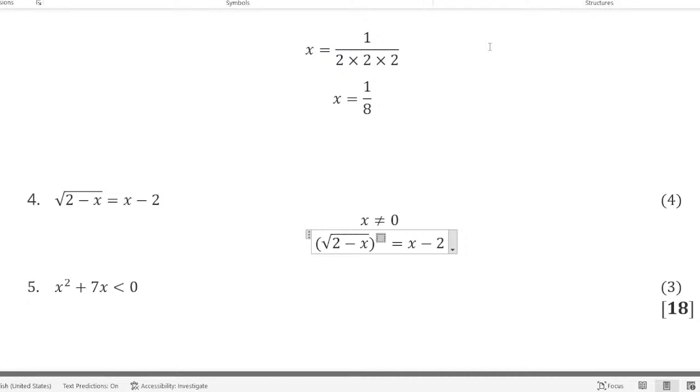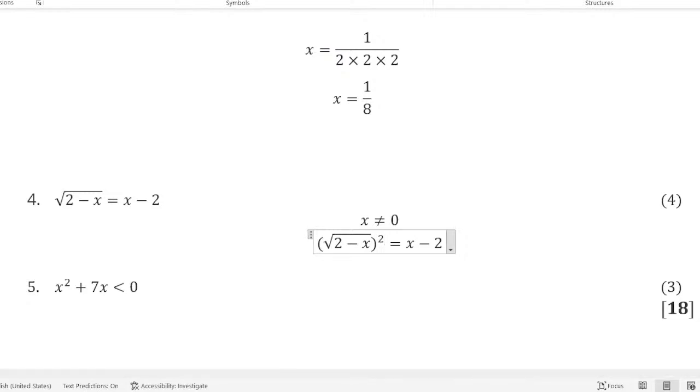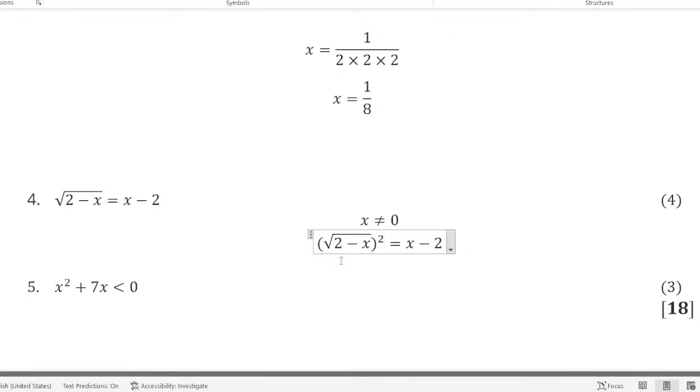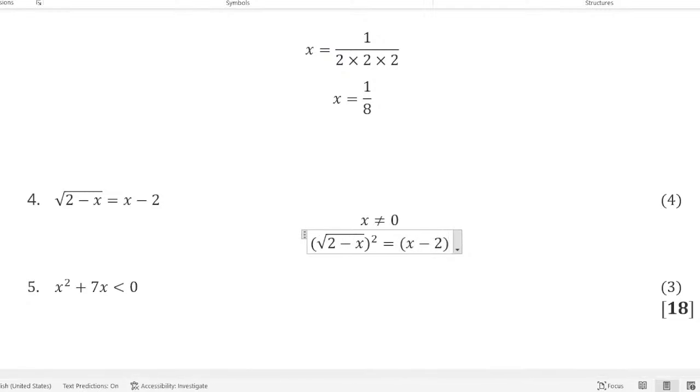Remember, whatever you do on the left hand side, you must do on the right hand side, so that you don't change the original equation. So the equation remains the same. If we squared everything under the square root on the left hand side, now we have to square the right hand side so that we don't change the original equation. So here we're going to square this.